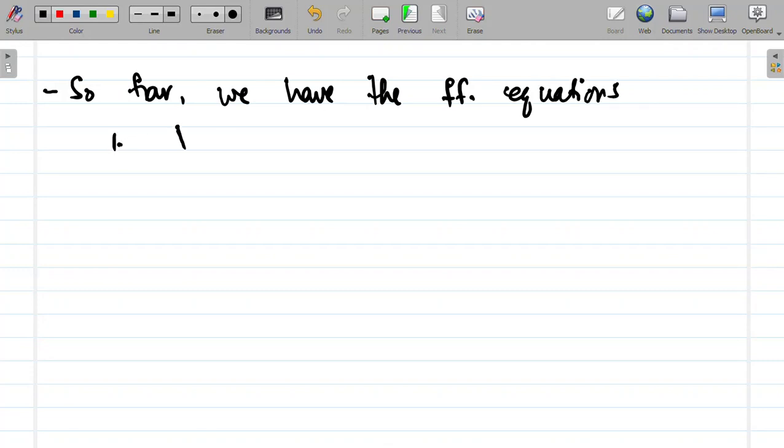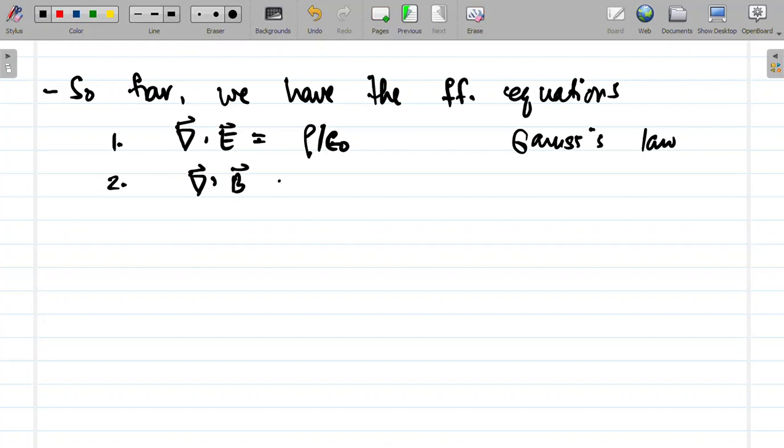First, we have del dot E equals rho over epsilon naught. This is your Gauss law. Second, we have del dot B equals 0. Class, this means there are no magnetic monopoles. This one has no name, so we do not know who made it.